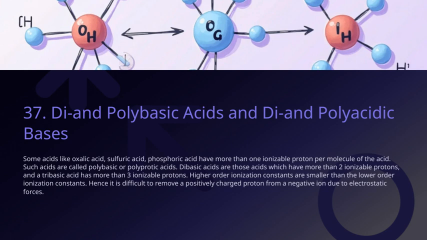So, in essence, the more protons an acid can release, the harder it becomes to remove each additional proton, especially the higher up in the chain. This concept is crucial for understanding the behavior of polybasic acids and their ionization characteristics, which ties back to the overall theme of acid strength and reactivity.